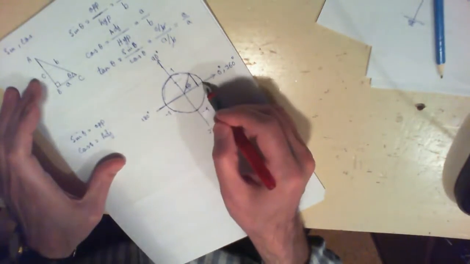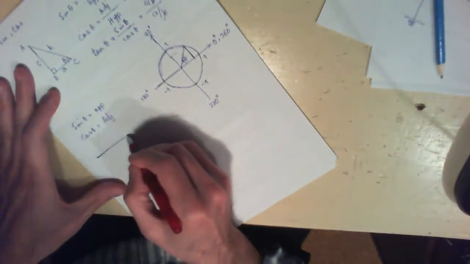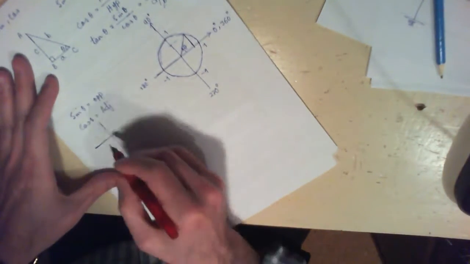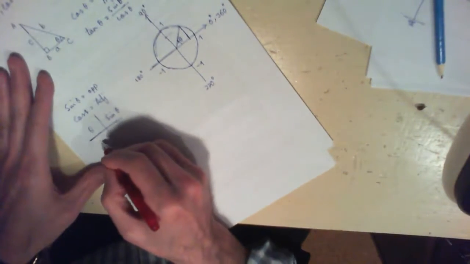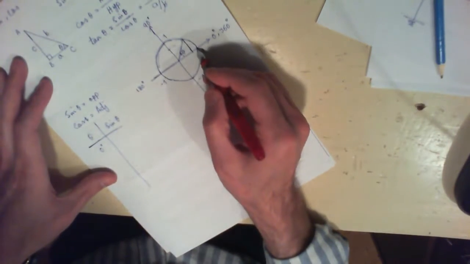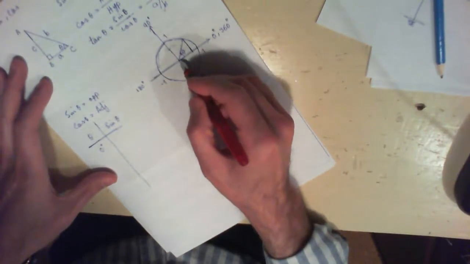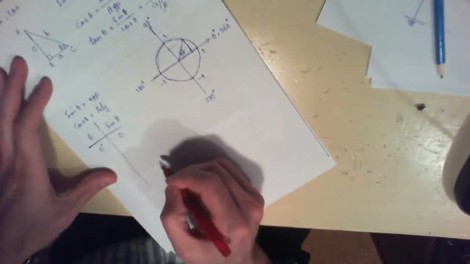So suppose that I have a 0-degree angle. If this is theta and this is the sine of theta, if theta is equal to 0 degrees, you can see that this vertical length is 0. So sine of 0 is 0.